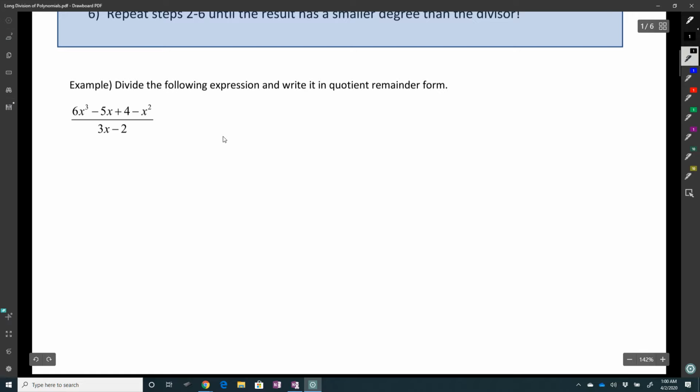So if I rearrange this so that it's in order, 6x cubed minus x squared minus 5x plus 4, and I divide that by 3x minus 2.